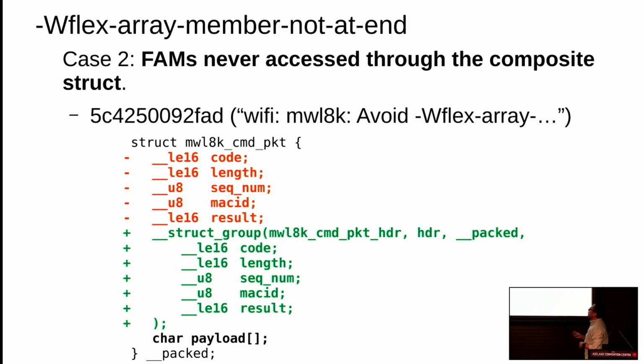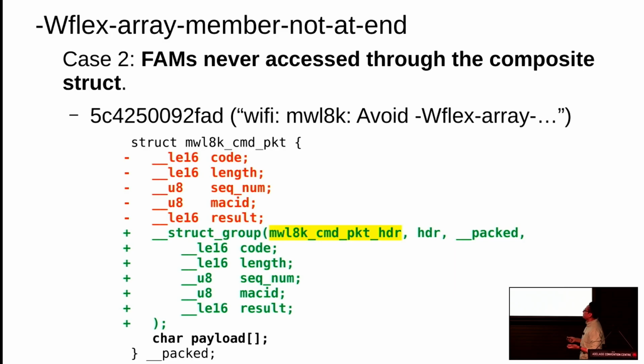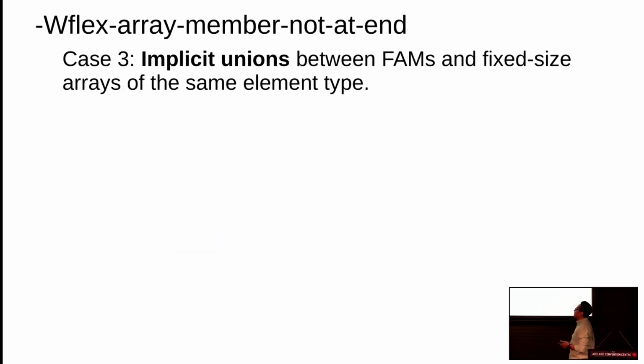Otherwise we would change the alignment of the structure, and we would get into trouble. And this is the second part of the commit. Here I'm just replacing the type of the flexible structure, which is the conflicting object, with the type of the structure that doesn't contain the flexible array member, which is this one. And that would be the fix.